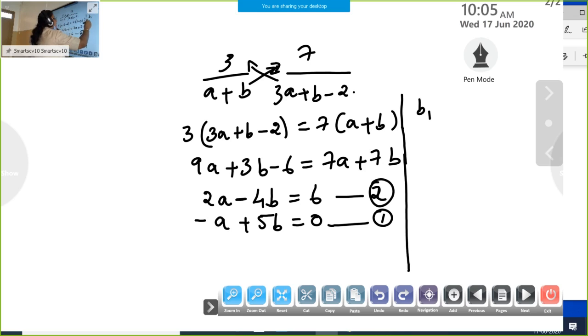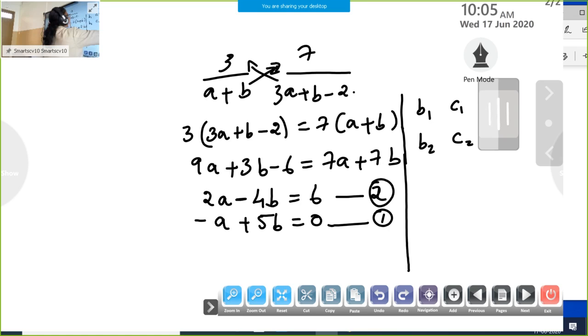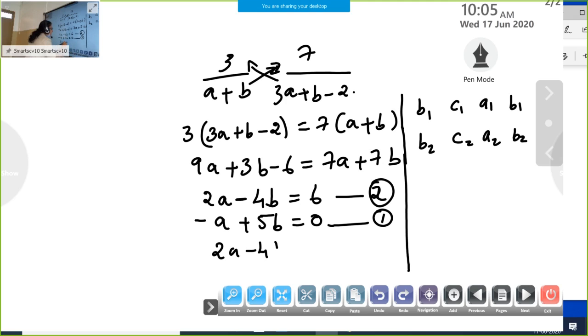Our cross multiplication method is B1, B2, C1, C2, then A1, A2, B1, B2. Here the equations are 2a minus 4b minus 6 is equal to 0 and minus a plus 5b is equal to 0.